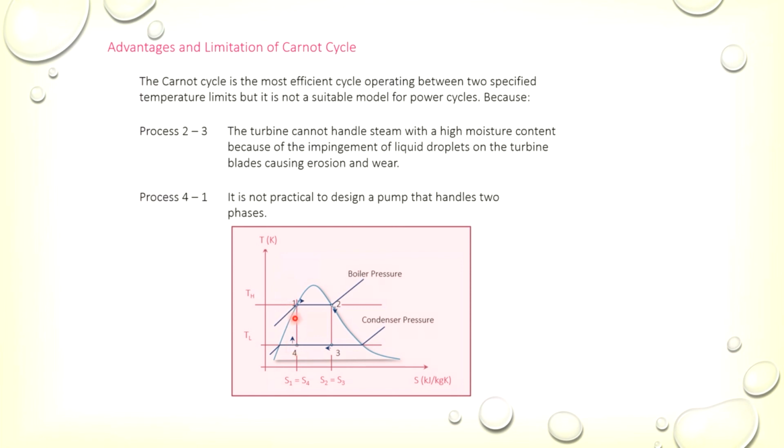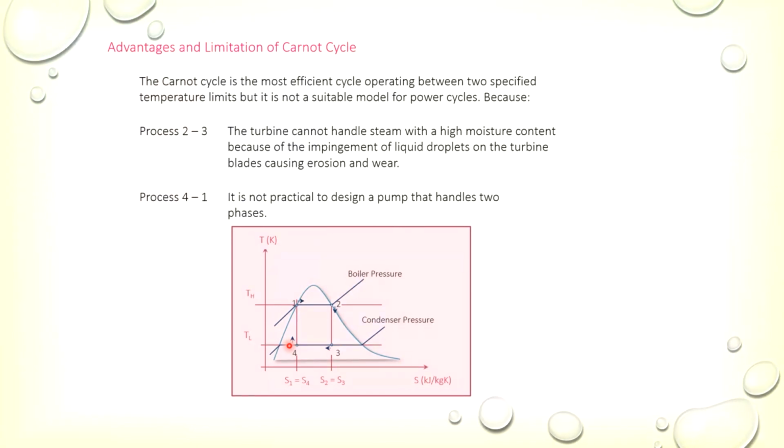Next, process 4 to 1. This is where they use a device called a pump. Here the pump is involved with a two-phase substance, liquid and vapor. Most pumps, or actually all pumps, only operate under a single phase, meaning completely gas or completely liquid. They cannot operate on steam and water together.